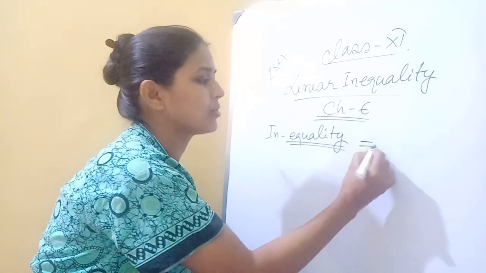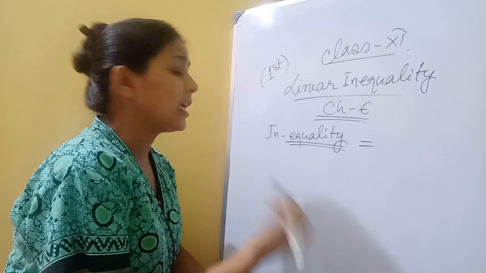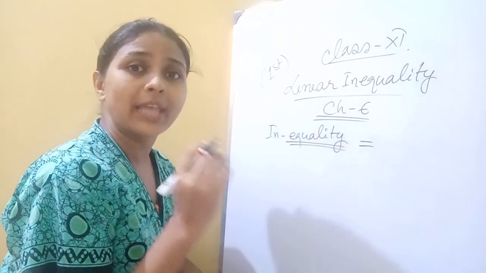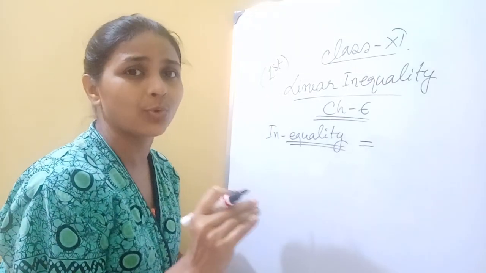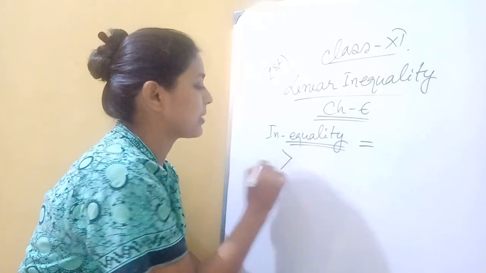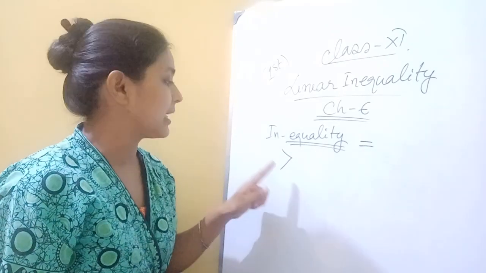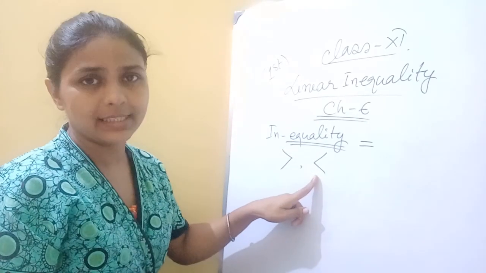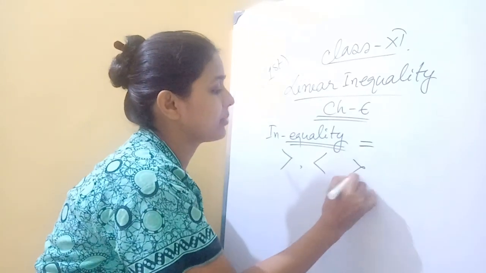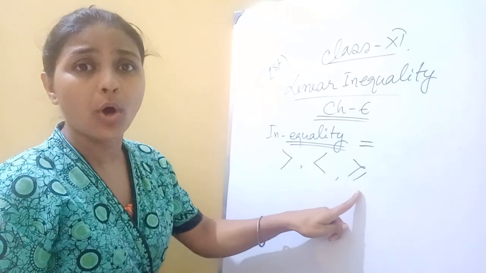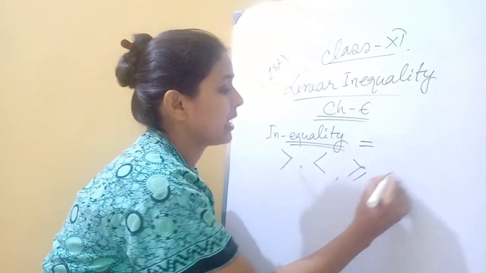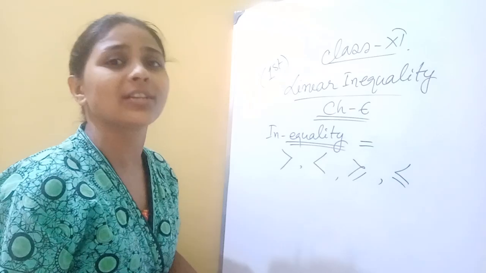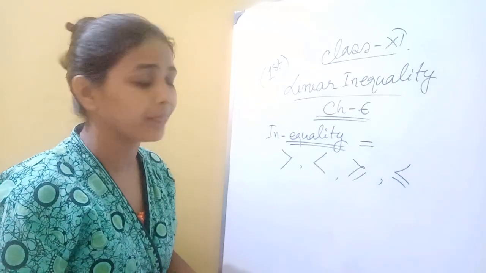Equality sign, everybody knows this is the equal sign. Inequality signs, so those symbols must be known first. First one, this is greater than. Then this is less than. This one is greater than or equal to, and this is less than or equal to.